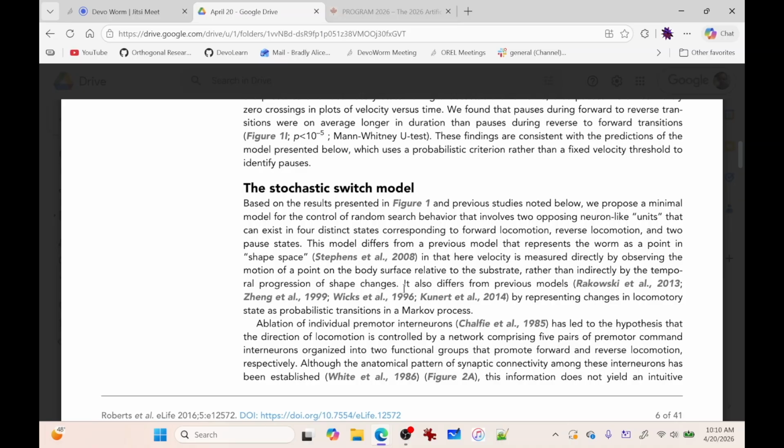movement behavior from that. In this case, they're observing the motion of a point on the body surface relative to the substrate. So they're taking the substrate and the point on the body surface into account. So this is a little bit different way of doing this.